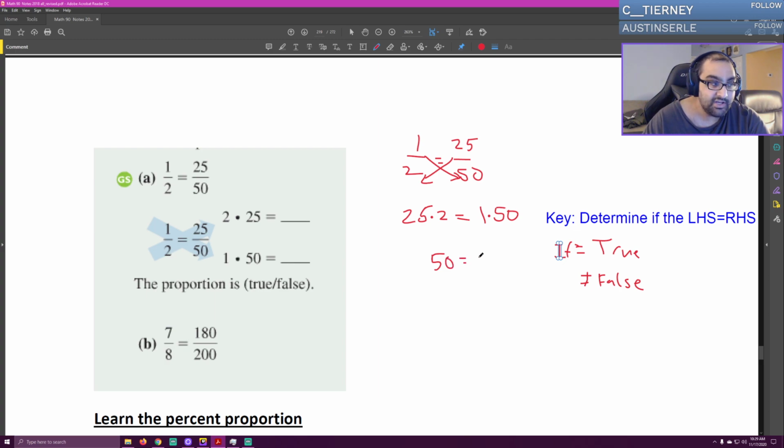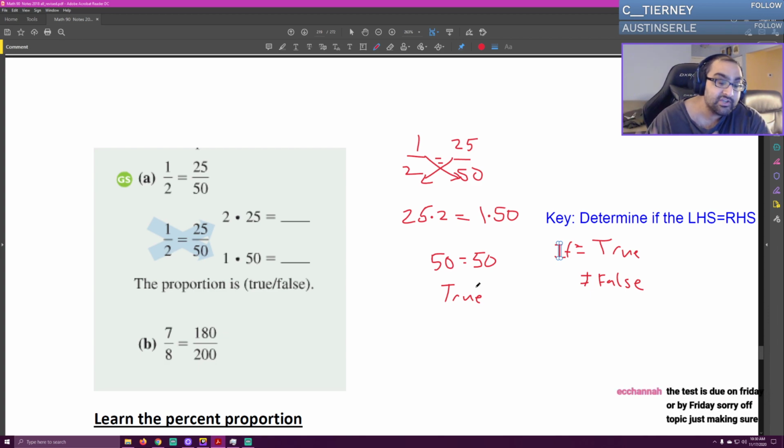So that's the left-hand side. Now, if the right-hand side is also 50, then these two fractions are equivalent. And 1 times 50 is exactly 50. So that means that these are true. So just to break things down, all you have to do is cross multiply, find out if the left-hand side equals the right-hand side, and you call it a day.